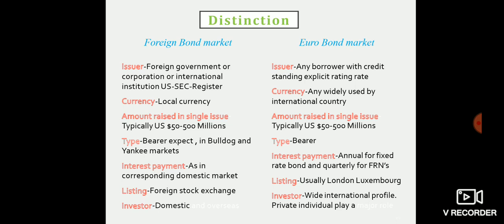Currency can be the local currency under the foreign bond market, whereas in the Eurobond market it is any widely used international currency, other than the domestic currency of the market where they are going to issue. Amount raised in a single issue is typically $50 to 500 million.